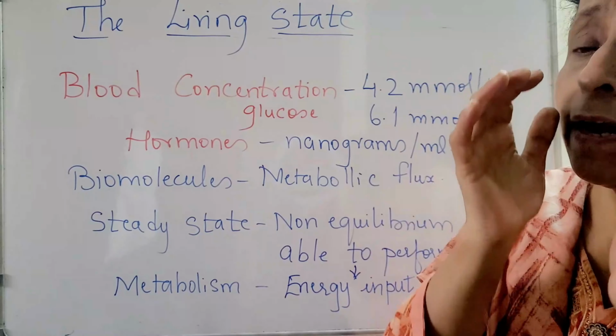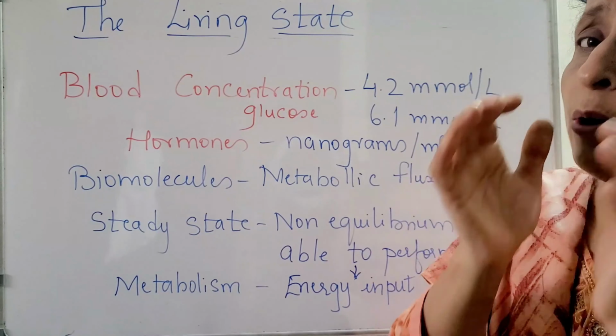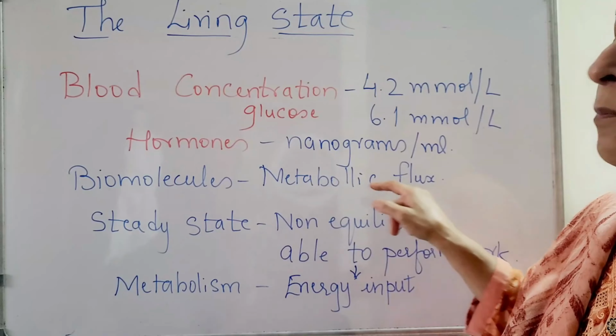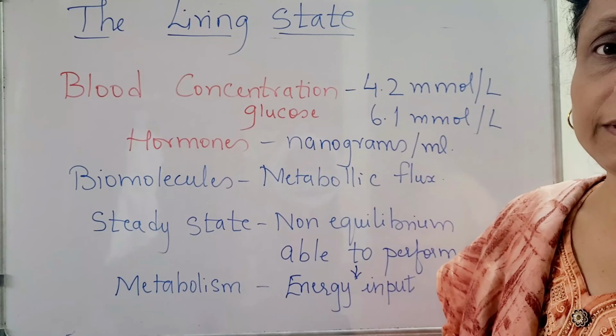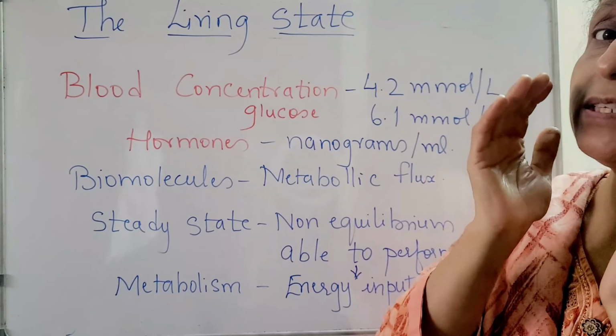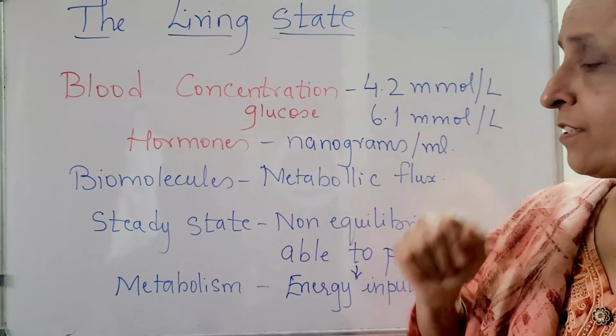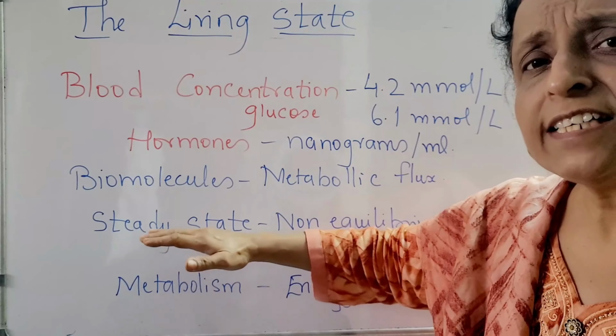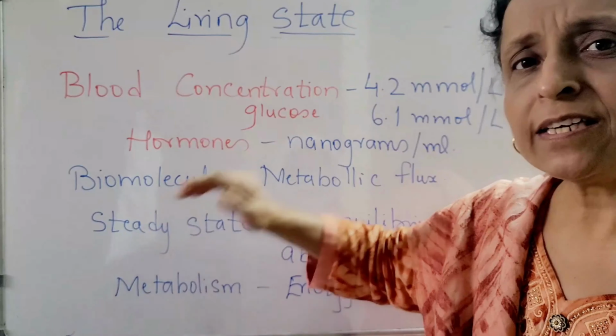So the amount which is present of each biomolecule, each compound, that is the metabolic flux, and the path which is followed due to this metabolic flux. Now a steady state has to be maintained.